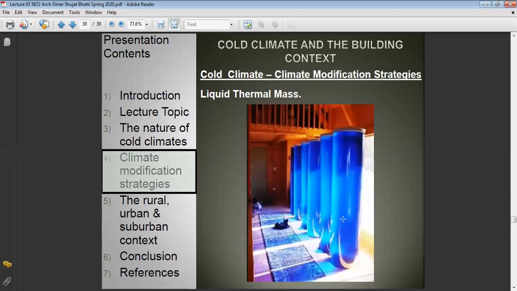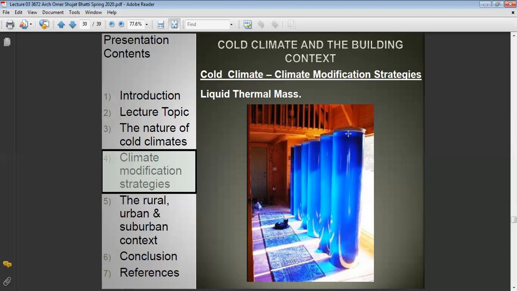These are like liquid thermal mass in which water can be utilized and they are going to absorb heat and disseminate the heat in the later phase of the day, when it will be night or in the evening hours. But these things have to be planned properly and be efficient enough so that they retain the water quality as well as ensuring that they don't leak.